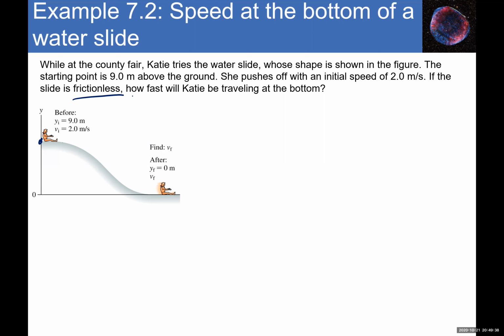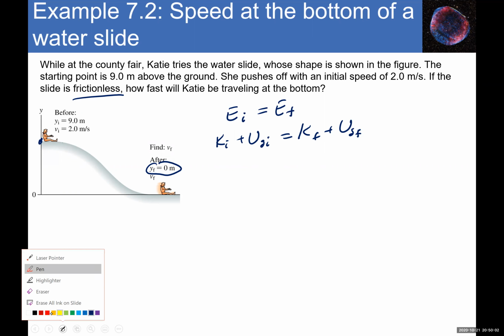Mechanical energy is conserved. Then I can say mechanical energy at A, or initial, is equal to the final energy. So kinetic energy initial plus gravitational potential energy initial equals kinetic energy final plus gravitational potential energy final. I can set the final position to be vertical position 0, so the final potential energy is 0.